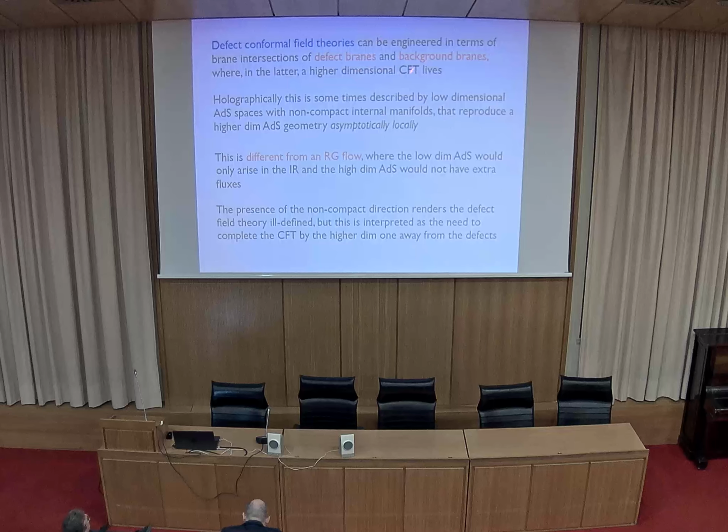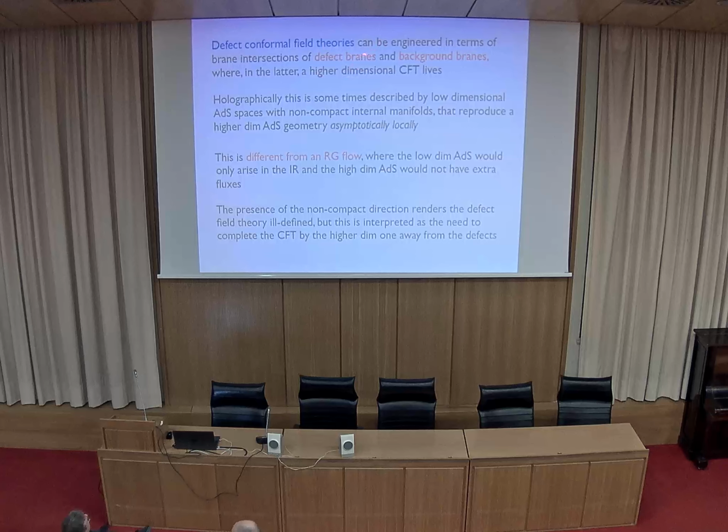What we call the background branes are backgrounds which intersect in higher dimensions, and in the near horizon limit give rise to some AdS space which has higher dimensionality compared to what happens when you also consider this other set of branes that I refer to as defect branes.